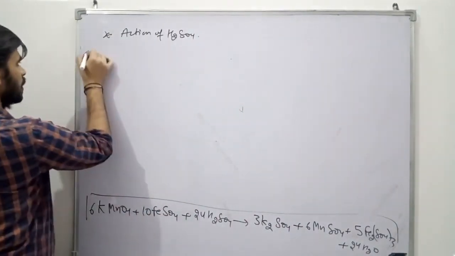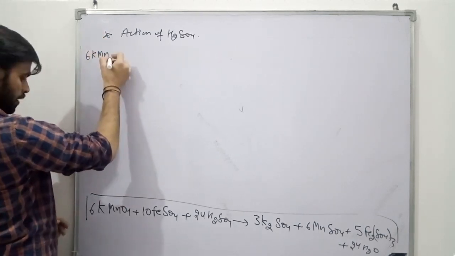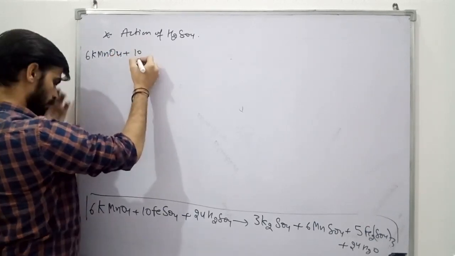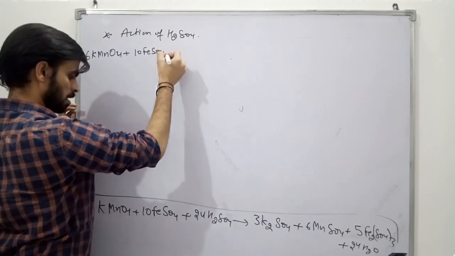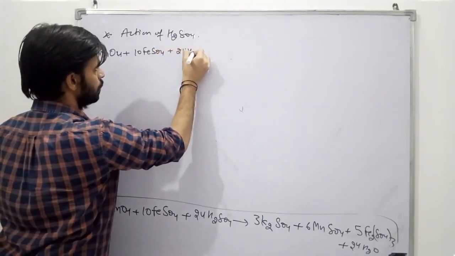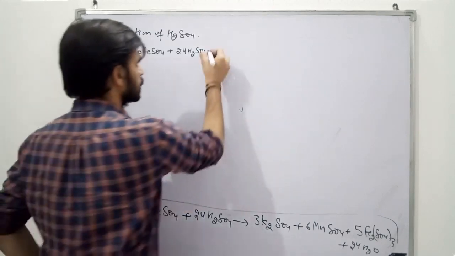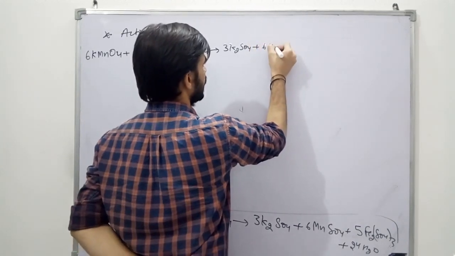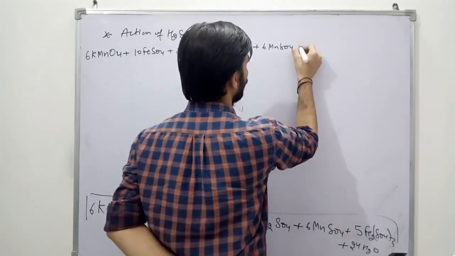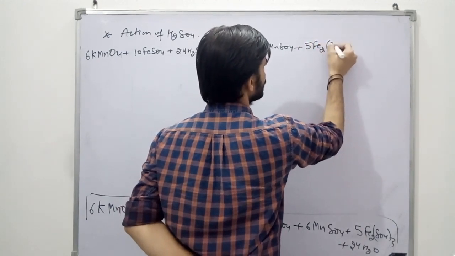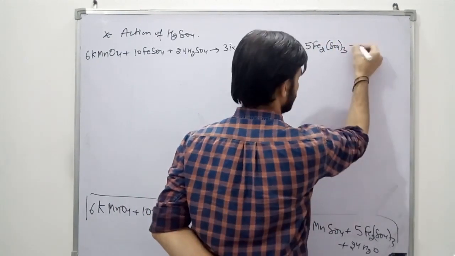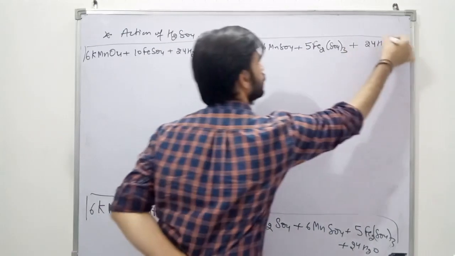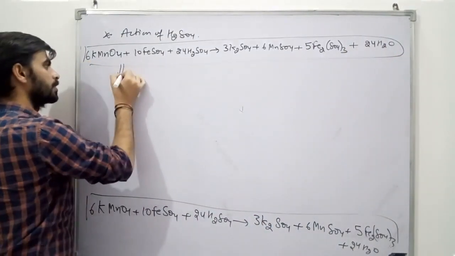As we have 6 KMnO4, 10 ferrous sulfate plus 24 H2SO4 give 3 K2SO4, 6 MnSO4, 5 Fe2(SO4)3 and 24 H2O. Now convert this balanced molecular equation into the ionic equation.